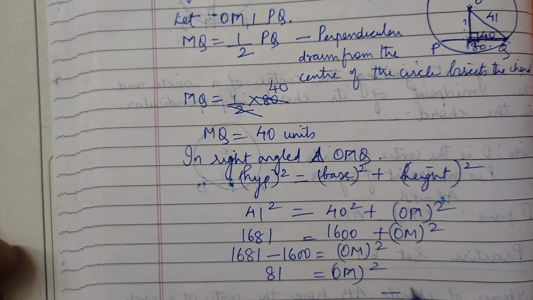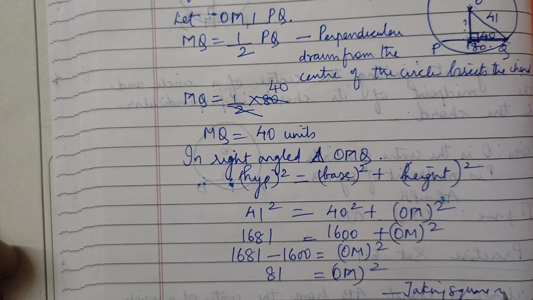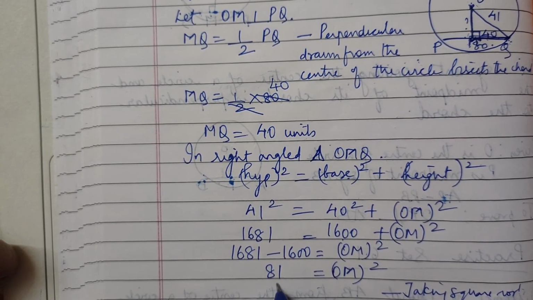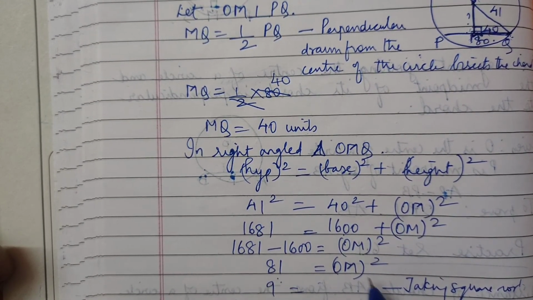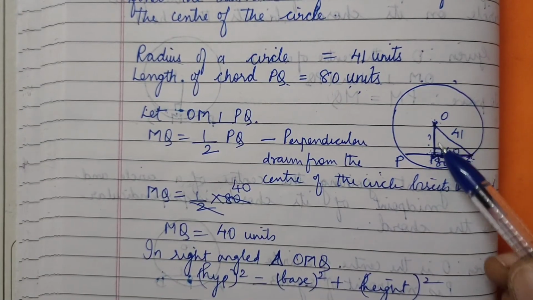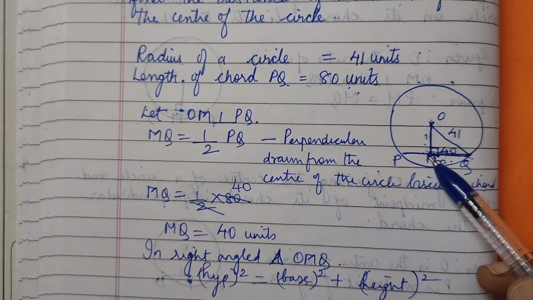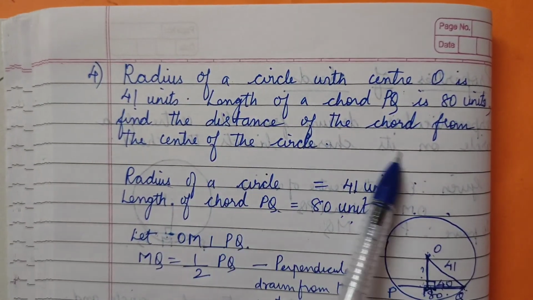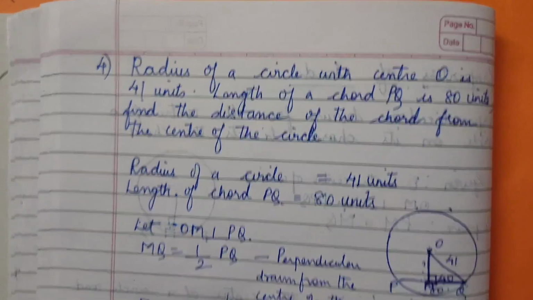So taking square root on both the sides, 81 will become 9 and OM square will become OM. So what did we get? OM, the distance of the chord from the center of the circle, is 9 centimeter. So it is asked, find the distance of the chord from the center of the circle.